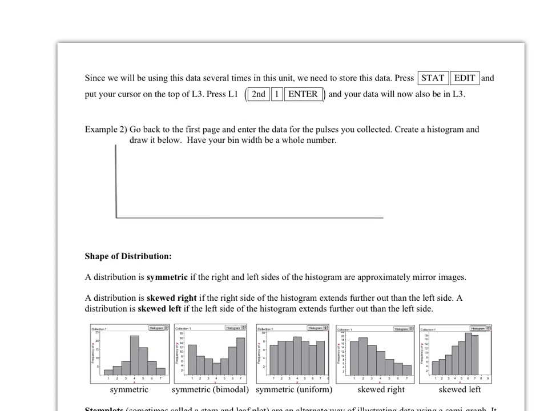We know it goes to 65.8. That's where the next bin is going to start, because the right side of the bin counts for this bin, not the bin on the left.